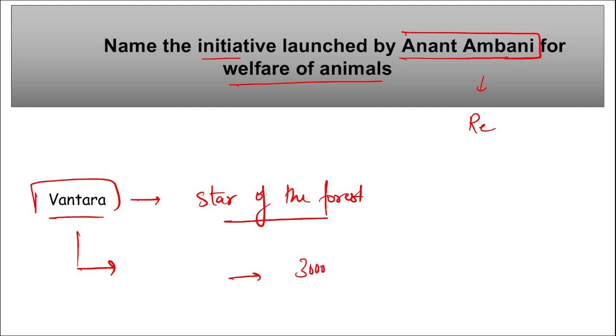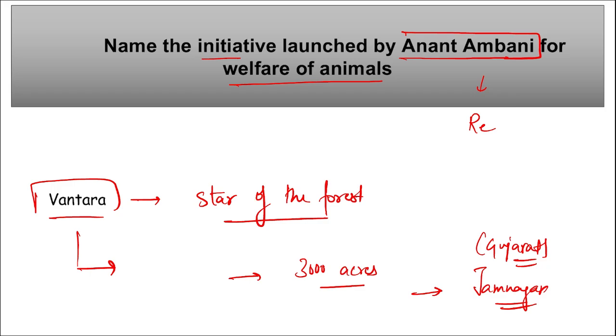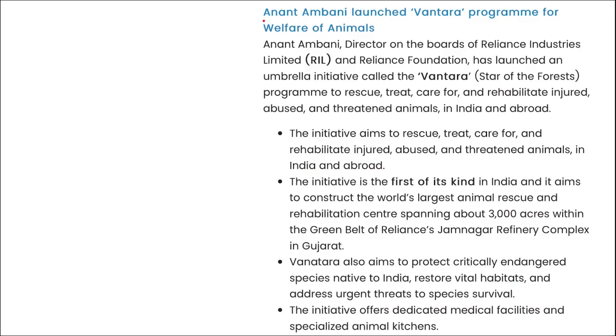It is spanning across 3000 acres, and this is within Jamnagar. If the state is being asked, then it is in Gujarat. Correct? So Anant Ambani launched the Vantara program for the welfare of animals.